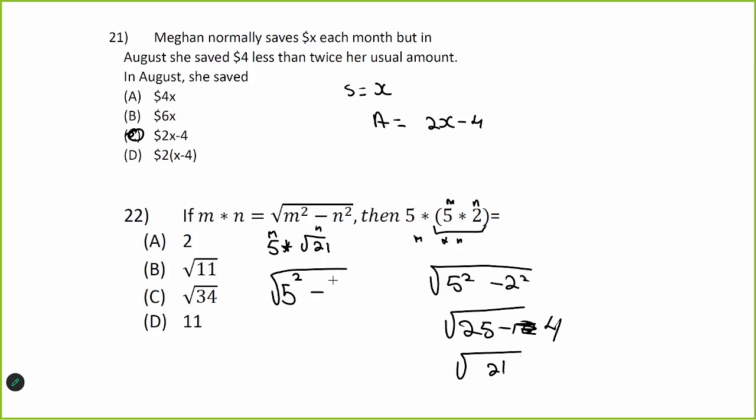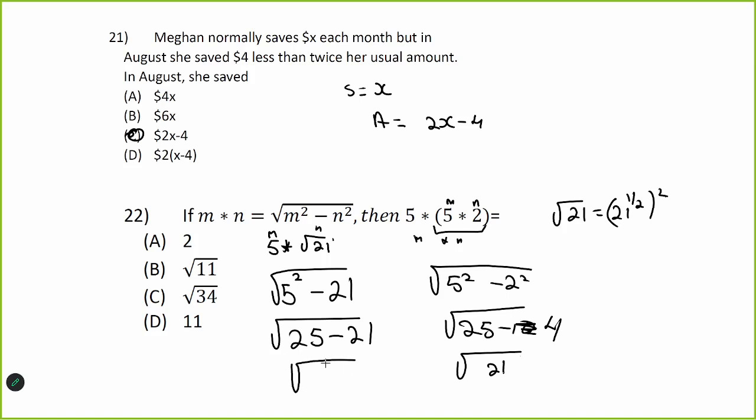Now, what you guys need to understand is if we square a square root, the square root of 21 is 21 to the power of a half. And if I square this, y'all, the half and the 2 cancel out. So this would be minus 21. So it will be the square root of 25 minus 21, which is the square root of 4, which is equal to 2. So the answer here is A.